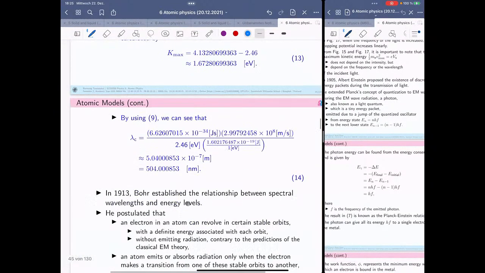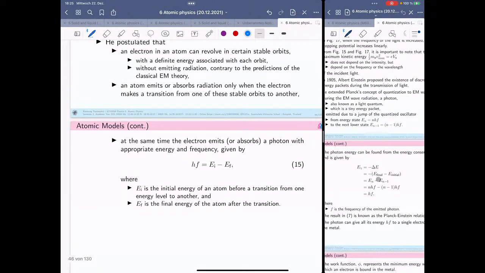It's actually the same expression, because if you substitute, it's going to be E initial minus E final, right? The final state, the lower state, and here is the photon energy, a tiny energy packet, and it's the same thing, right? Here you just equate this term to this one, you get Ei minus Ef. I stands for the initial state, and f denotes the final state of the electron.